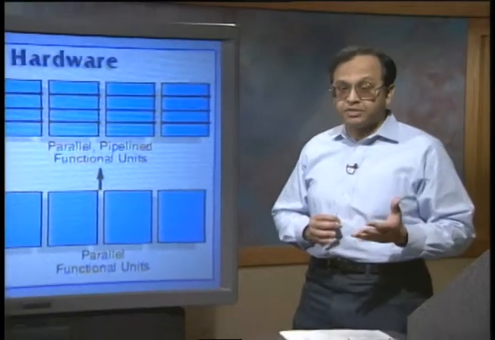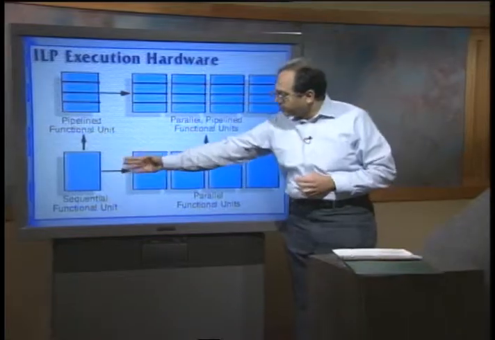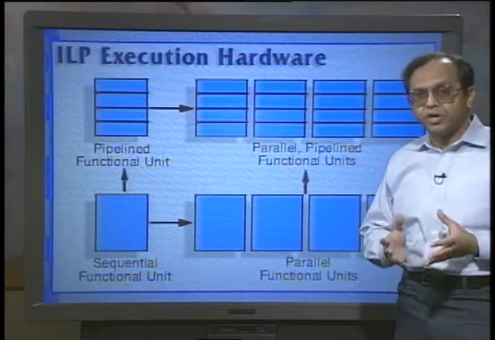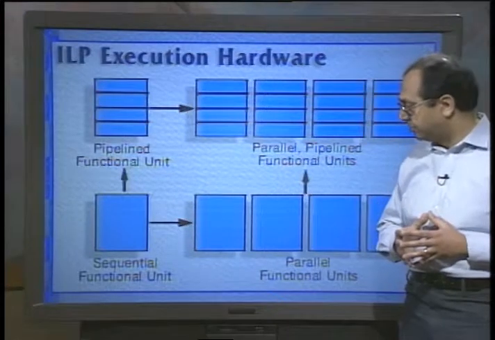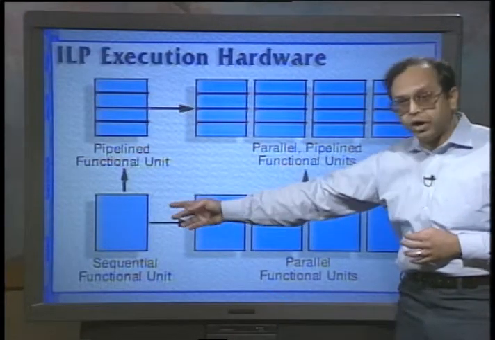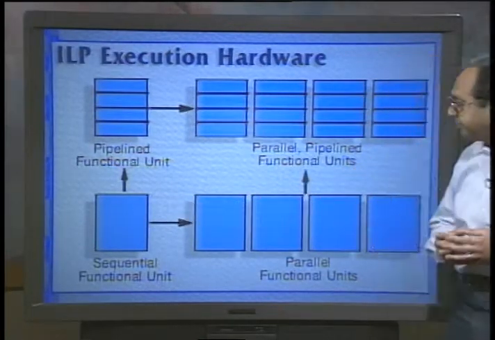Now, any form of an instruction-level parallel processor requires the ability, obviously, to execute multiple operations in parallel. The simplest type of a functional unit, and by a functional unit I mean something like an integer ALU or a floating point functional unit, can only execute one operation at a time, and so clearly there's no opportunity for parallelism there.